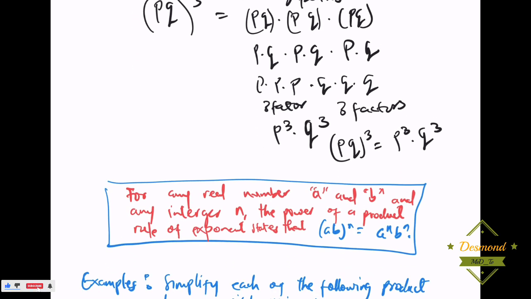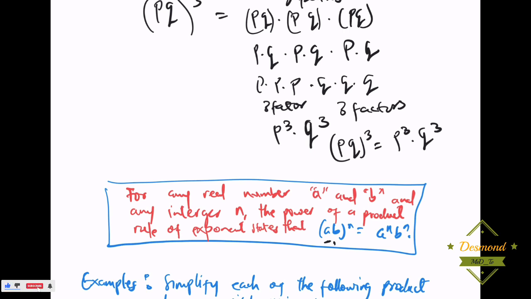So let's take the rule. For any real numbers a and b and any integer n, the power of a product rule of exponent states that if you have ab exponent n, which is equal to a exponent n, b exponent n.